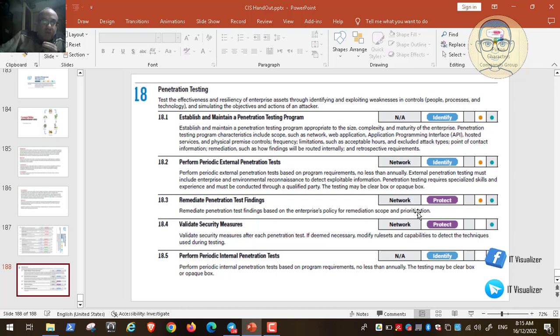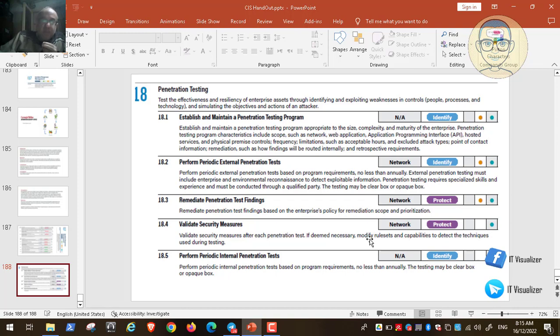Okay, so remedy penetration testing findings, validate security measures. Point number four, validate security measures after penetration test if deemed necessary. After doing the penetration test and fixing the vulnerabilities, we should validate security measures. We should revise our security measures to see if this penetration test can succeed again.